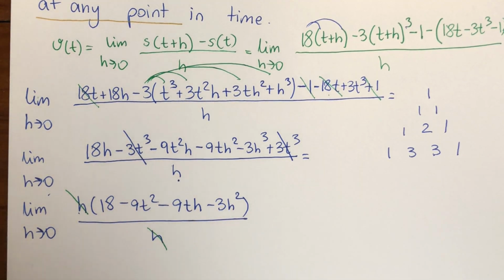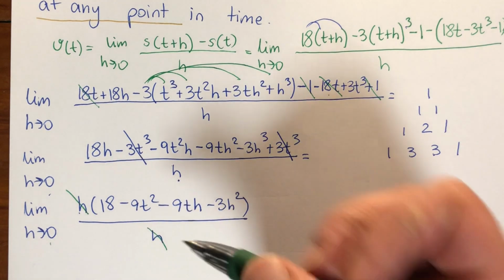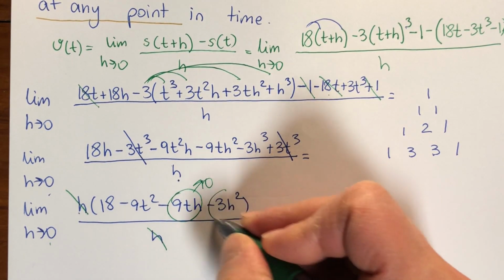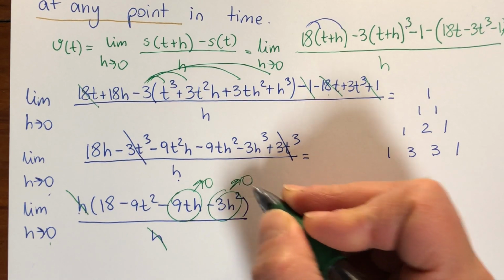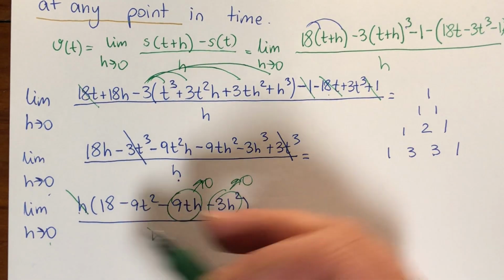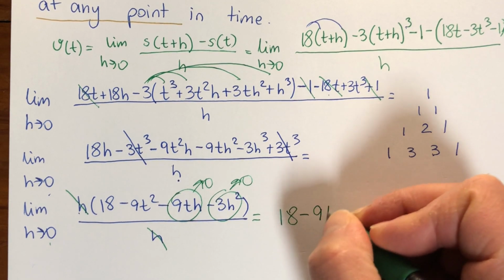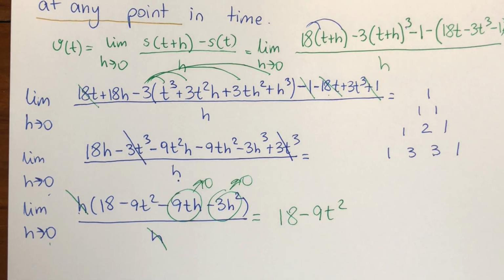So now, when you plug in 0 for h, this term is going to be 0, this term is going to be 0. So now this is all equivalent to 18 minus 9t squared. And this is going to be our formula.